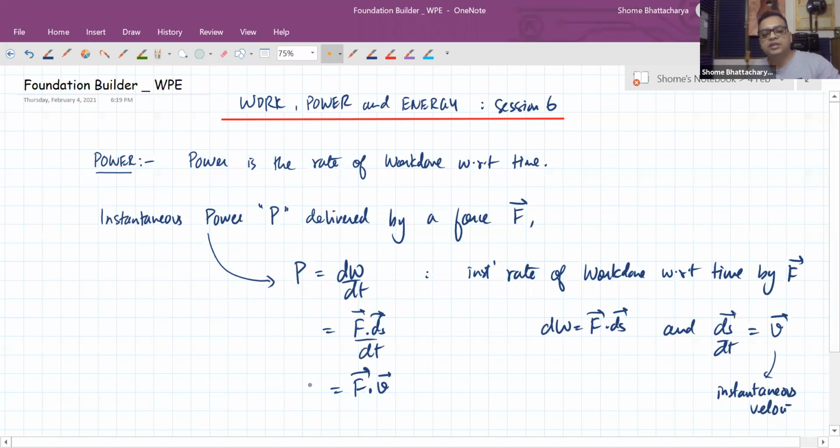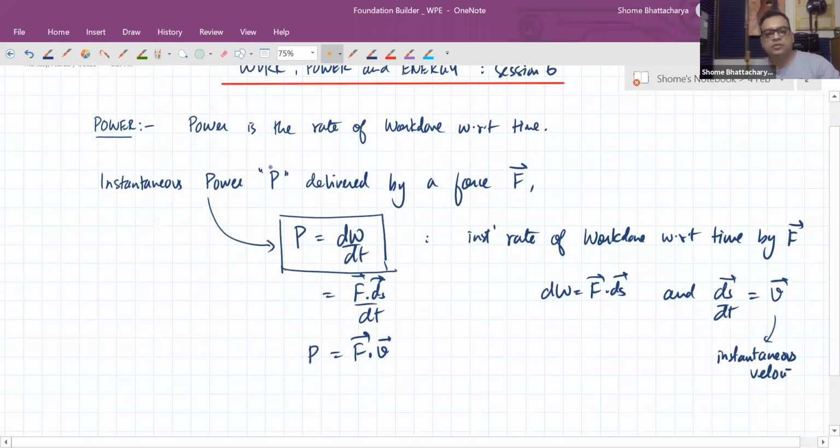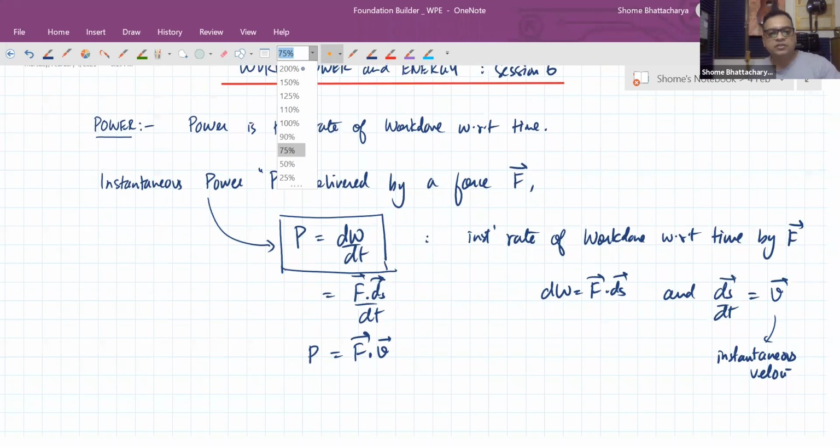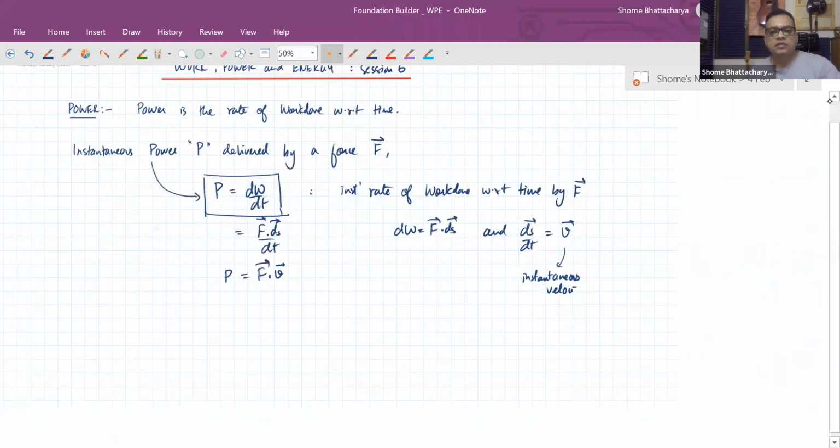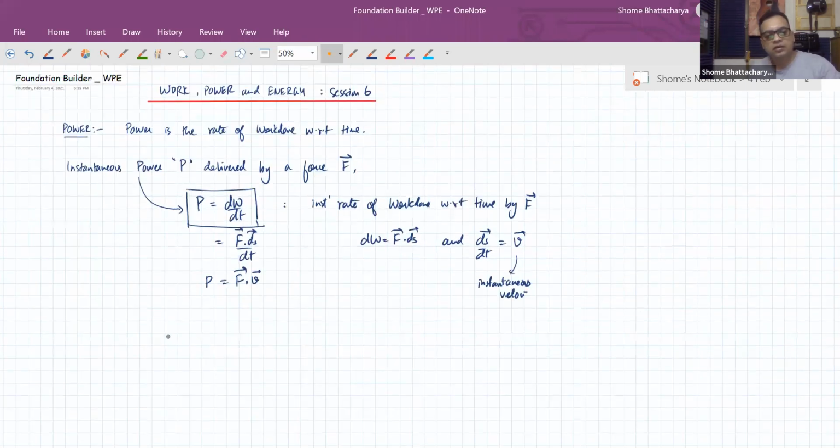Okay, so ultimately the power, which is defined as rate of work done with respect to time, also becomes the dot product of force with velocity. So the alternate definition of instantaneous power becomes the scalar product, or dot product, of force with velocity.